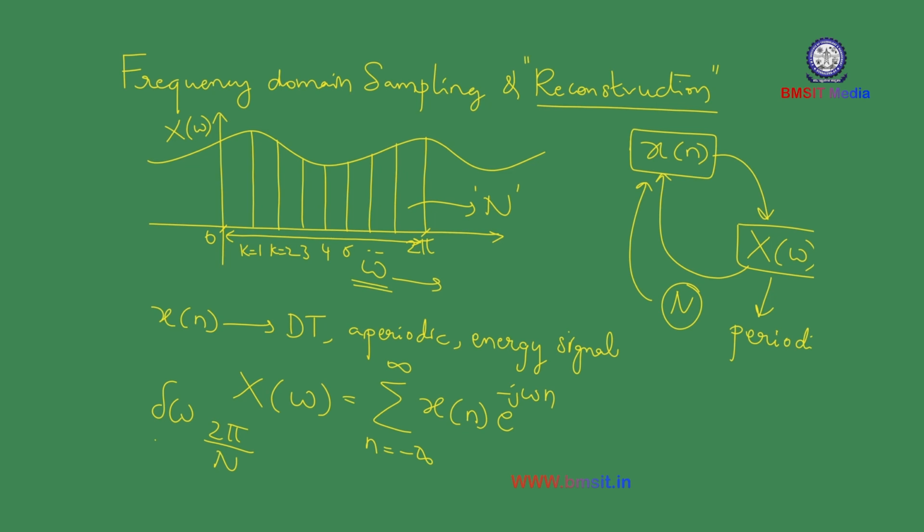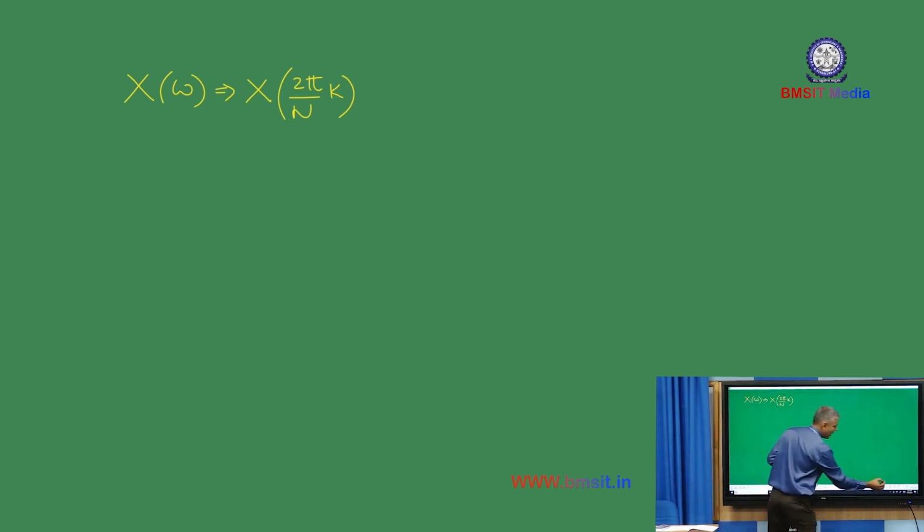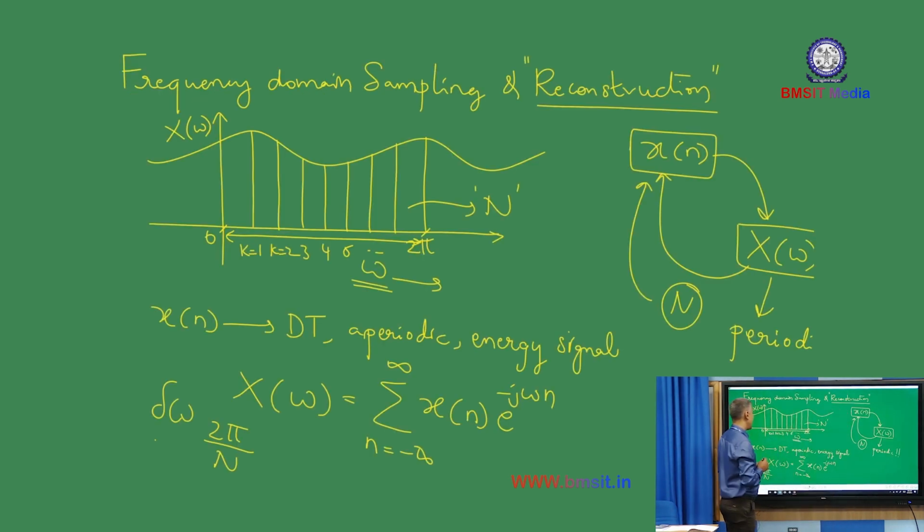Okay, so we shall evaluate the X of omega at those samples, that is 2 pi by N into k. This representation needs to be thoroughly understood, where k stands for the sample number.